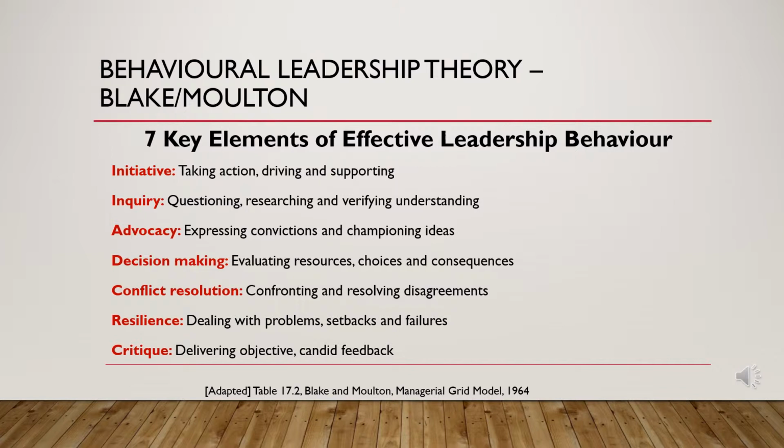Advocacy included expressing convictions and championing ideas. Decision-making was evaluating resources, choices, and consequences, and conflict resolution was confronting and resolving disagreements. Resilience was dealing with problems, setbacks, and failures, and critique was delivering objective, candid feedback.